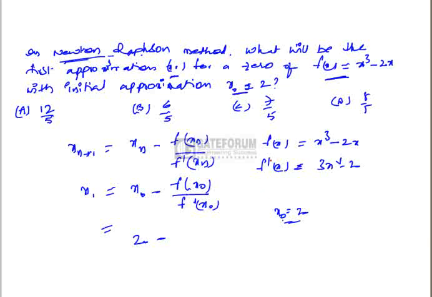If we substitute x naught equal to 2 in f of x, we will be getting f of x naught as 4 and f dash of x naught as 10. So if we simplify this, we would be getting the answer as 8 by 5, which is option D.